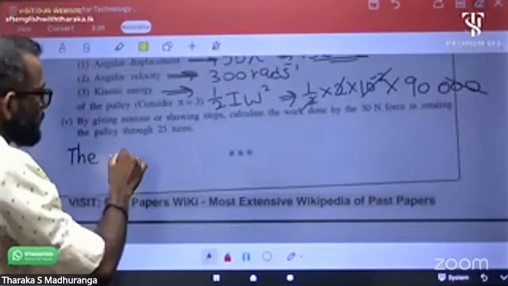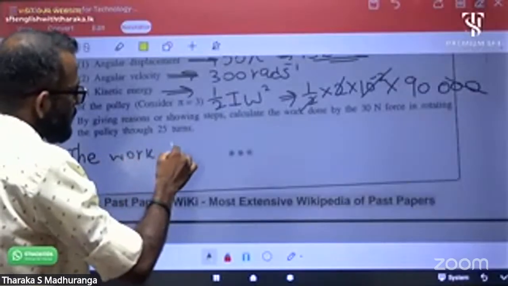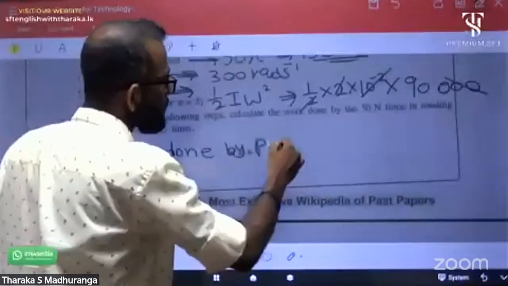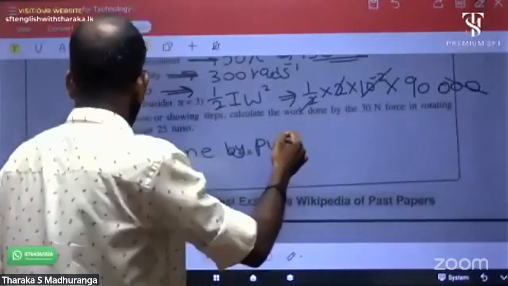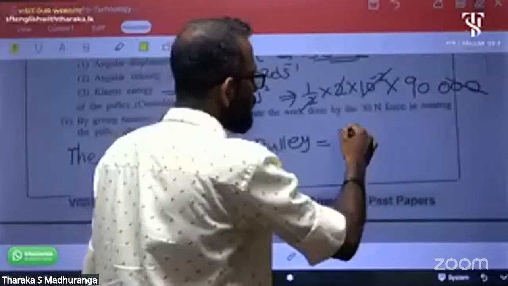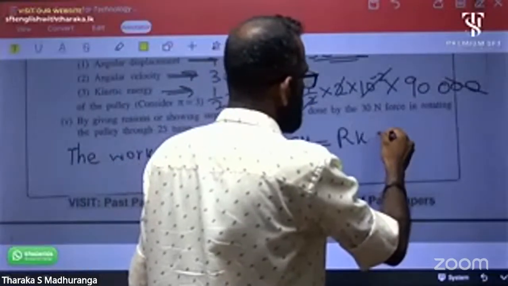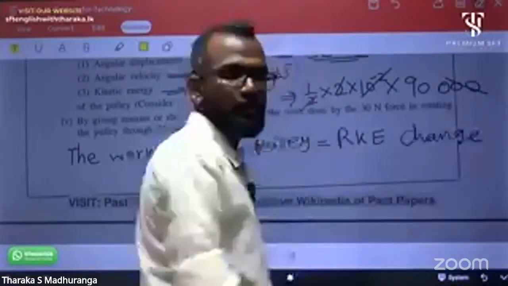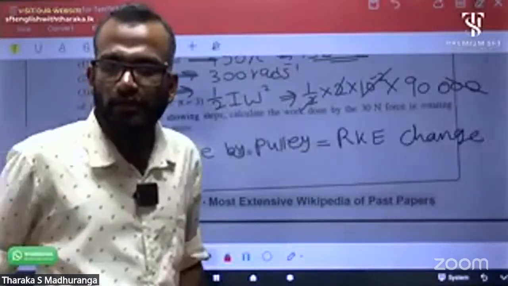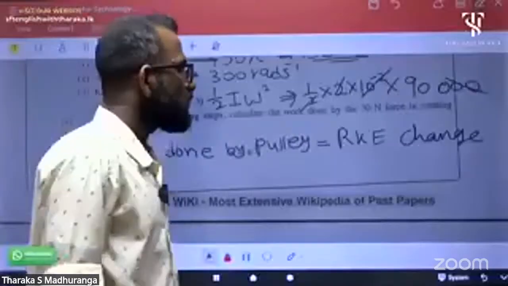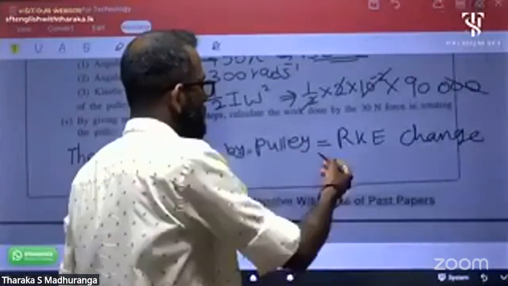The work done by the pulley is equal to the rotational kinetic energy change, or mechanical energy change.